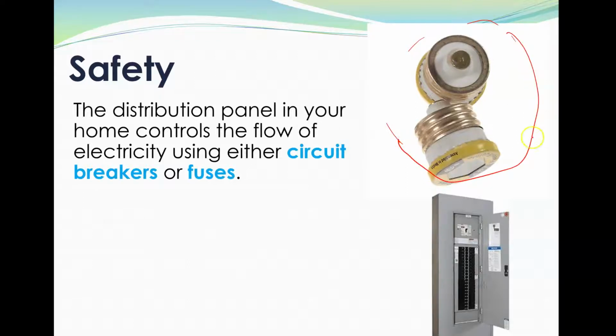And this is an older type of technology. And basically it is a control device used to control the flow of electricity as it is distributed coming from the transformer from the electrical supply company.